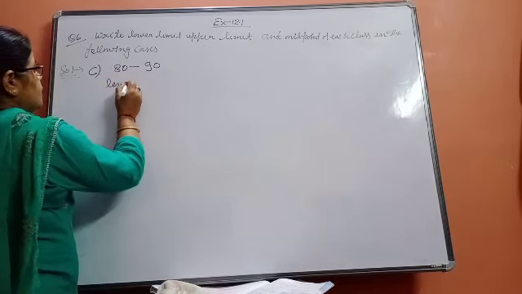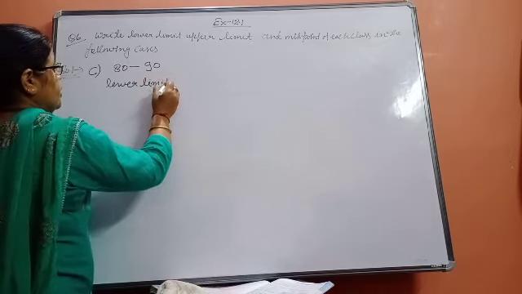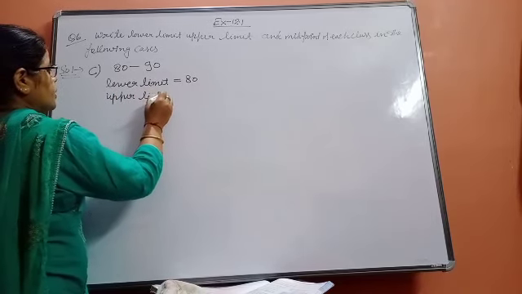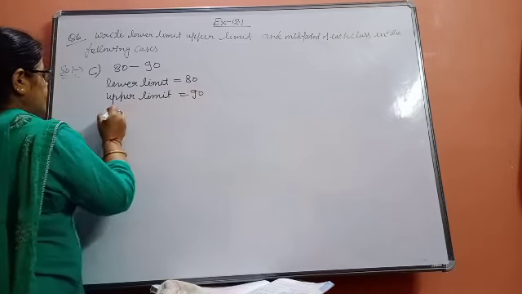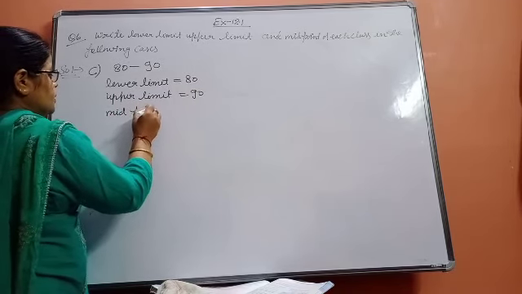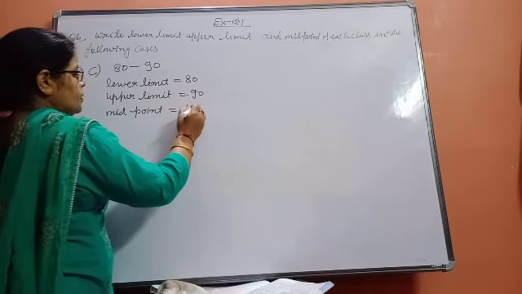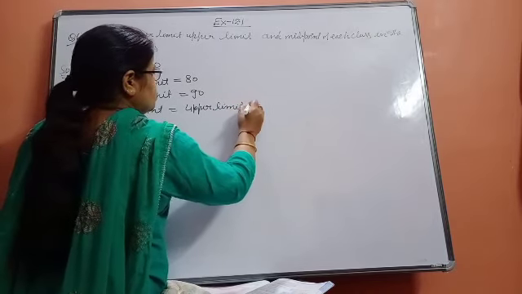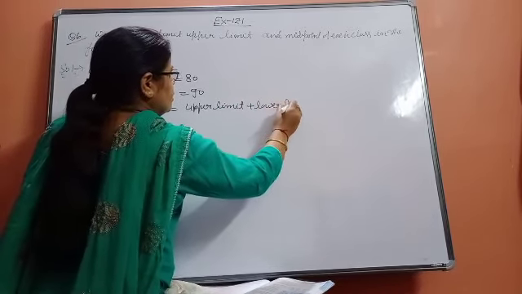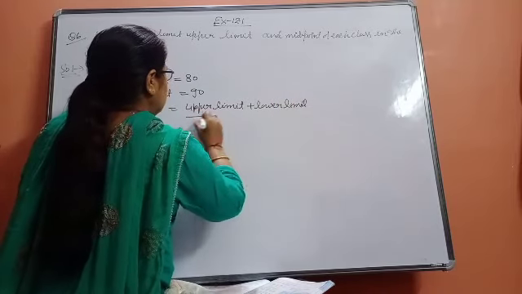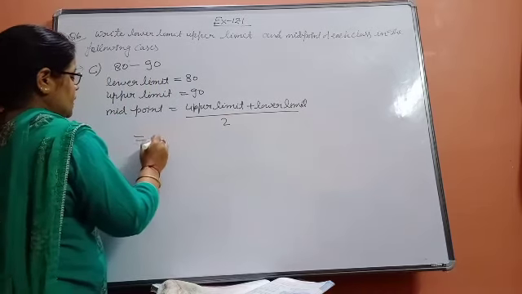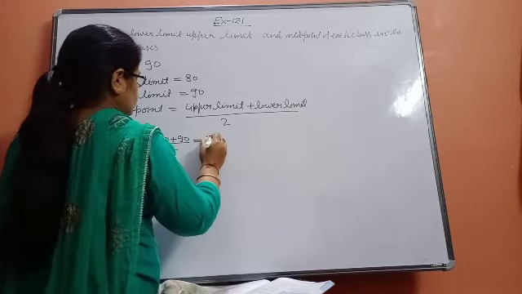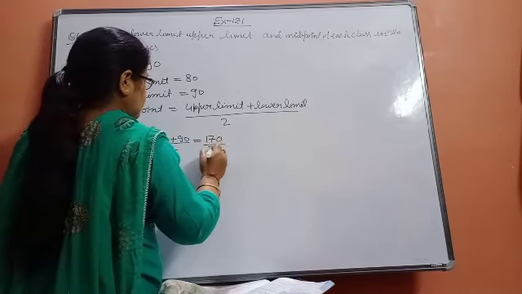So lower limit will be 80, upper limit 90, midpoint is lower limit plus upper limit divided by 2. 80 plus 90 divided by 2 is 170 divided by 2.